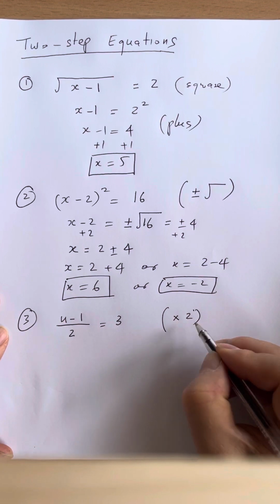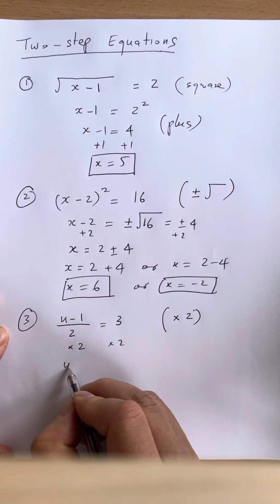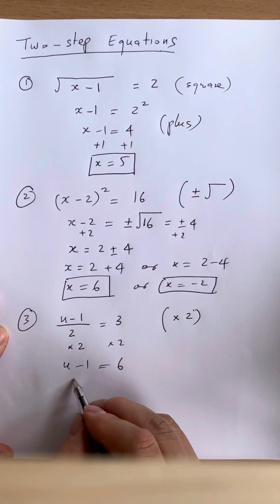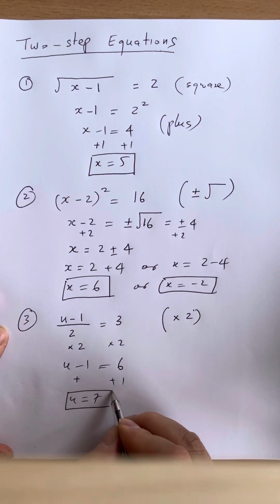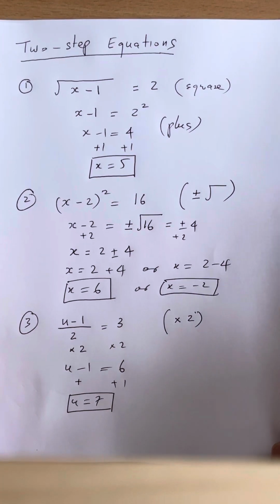So in this case, you times by 2 because over 2 means divided by 2. So you end up with 3 times 2 is 6, and then the inverse of minus is plus. You put plus there, so you end up with u equals 7. So that's 3, and you have 3 more.